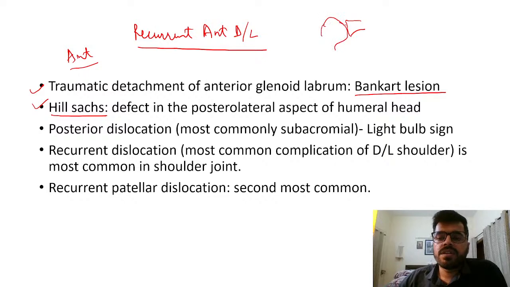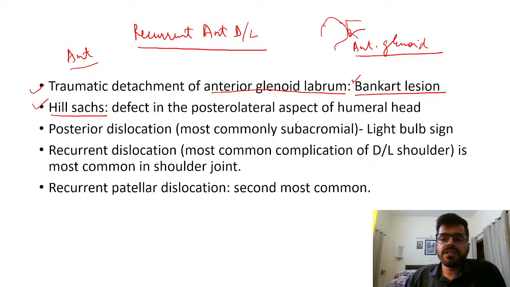So when anterior dislocation occurs, there is traumatic detachment of some part of glenoid, that is the anterior glenoid labrum. With anterior dislocation, this part is avulsed, that is called Bankart lesion.